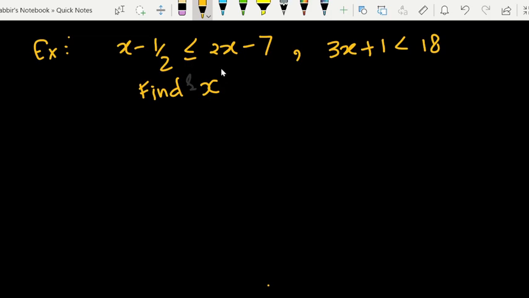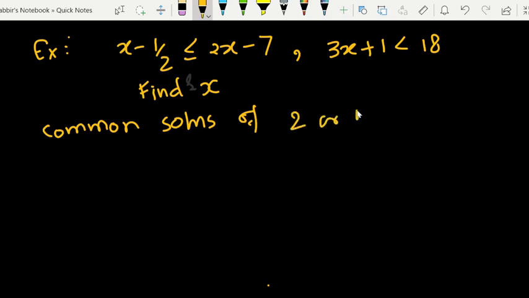Intuitively we can say that we have to solve these two inequalities and take something which satisfies both. So these types of problems lead us to another concept, as you can predict: the common solution of two or more inequalities.